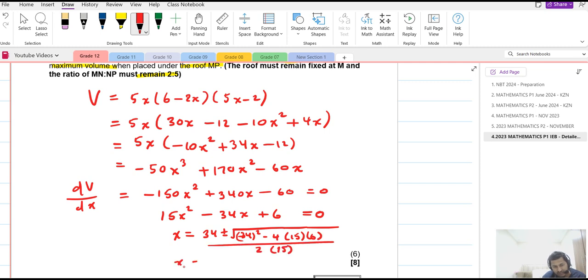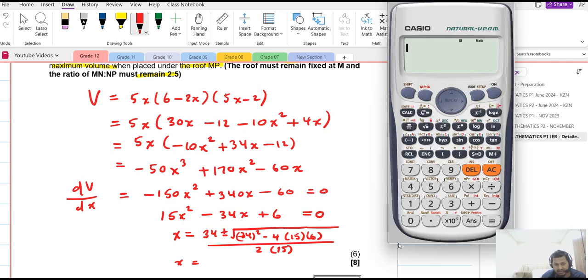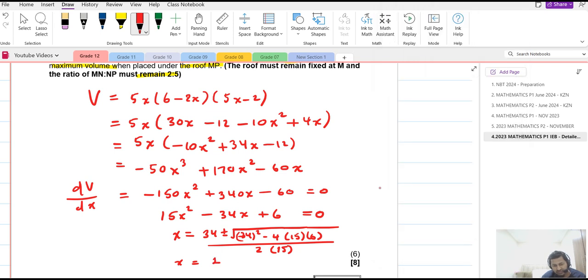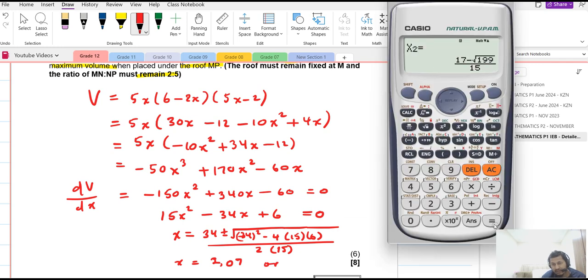So x is equal to, we're going to have two answers here, mode 5, 3, 15, negative 34 and positive 6. So I've got an answer which is 2.07 or 0.19.